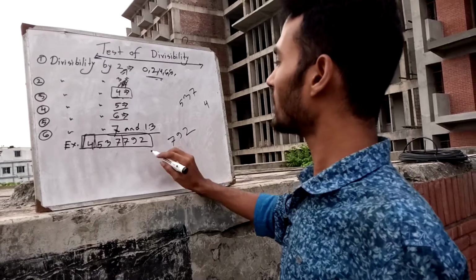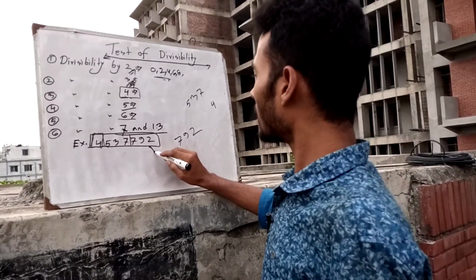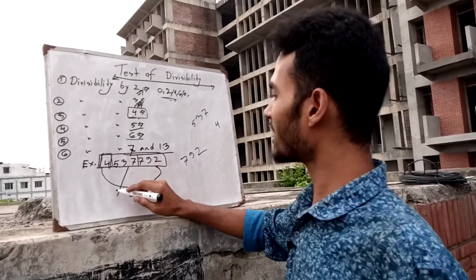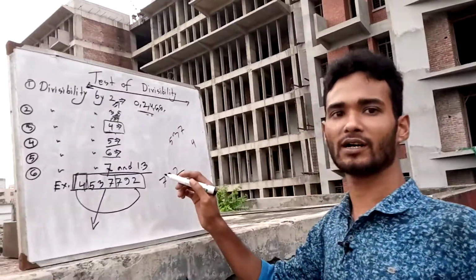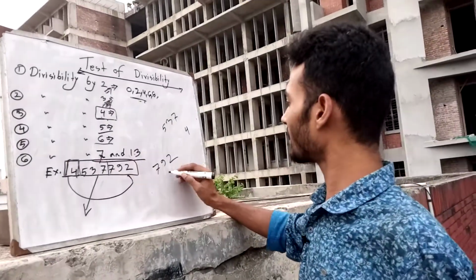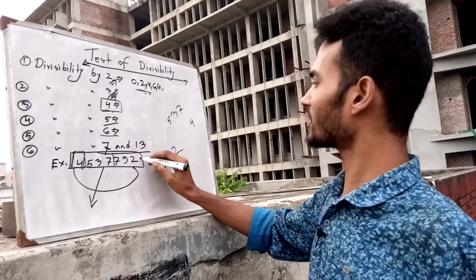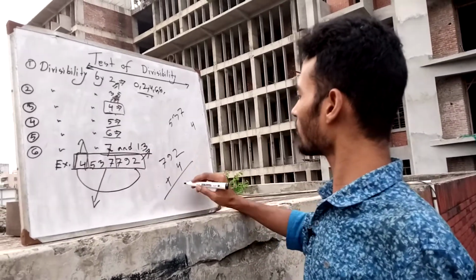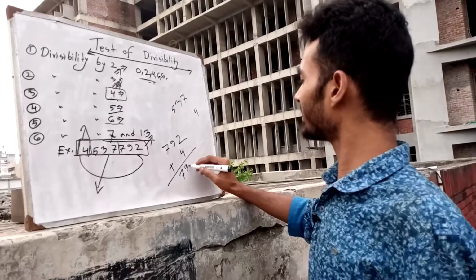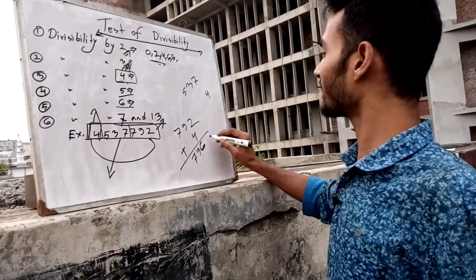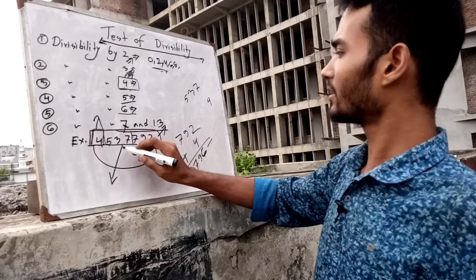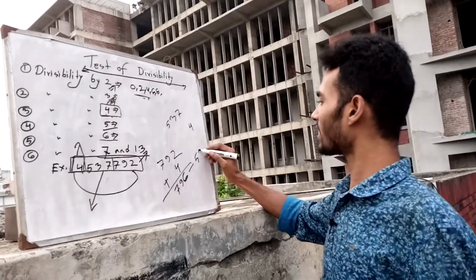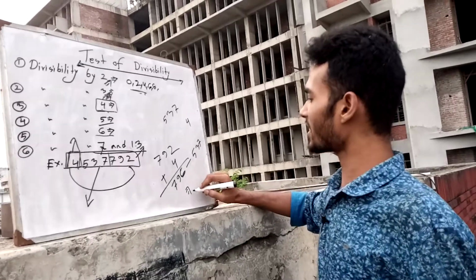We have to add all the odd blocks and deduct the even blocks, or vice versa. Considering 792 plus the third block, 4, we get 796, and we have to deduct from 796 the even block, the second block, 537.